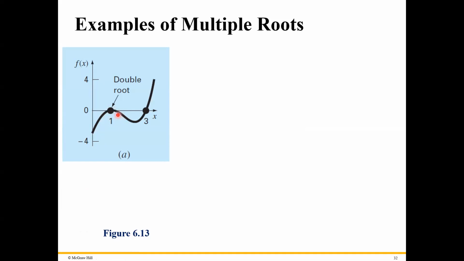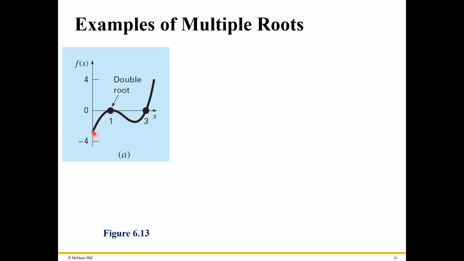Therefore, there is no change of sign in the function, so we cannot apply the bracketing method. Also at this point, the slope of the curve at point 1 is 0. When the slope of the curve is 0, the denominator used in the Newton-Raphson method is also 0, so we cannot apply that method either.